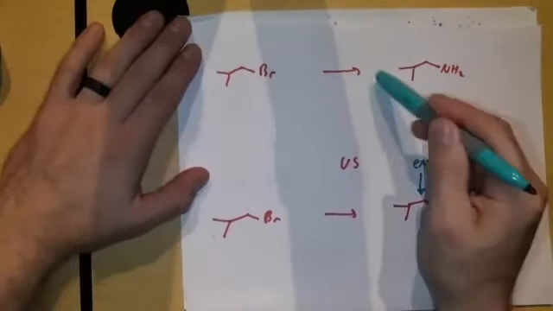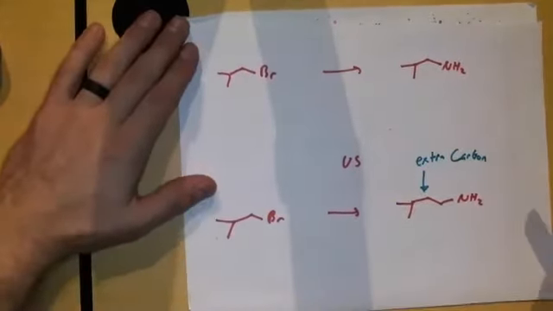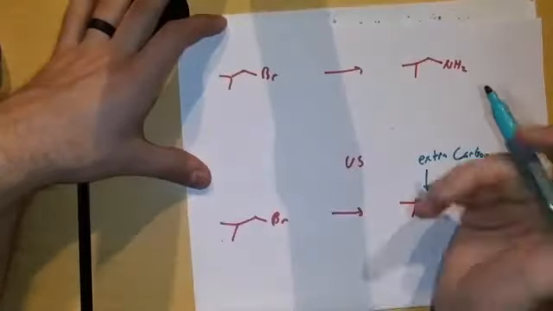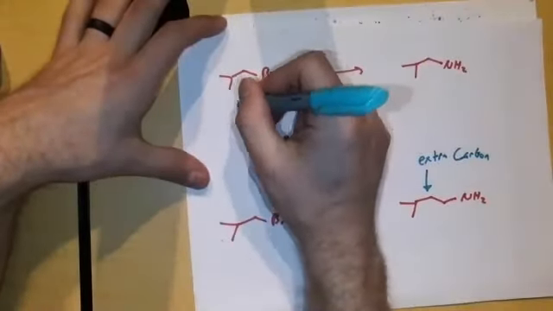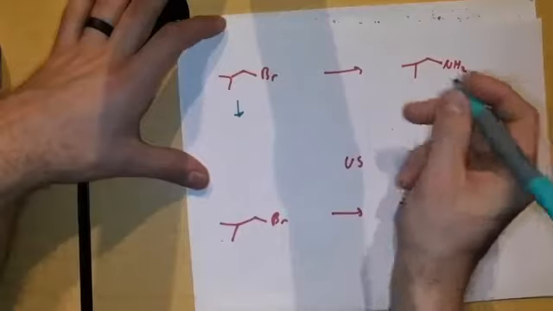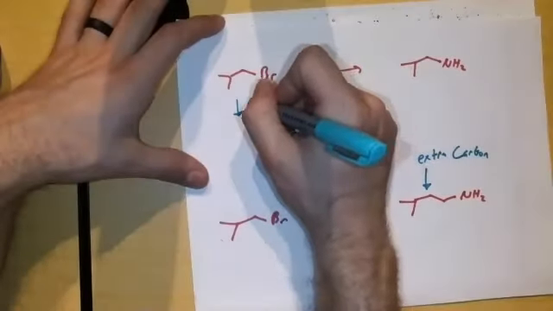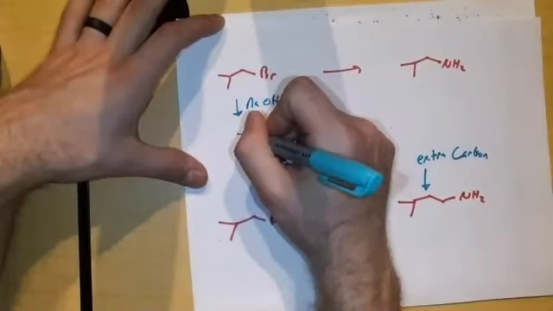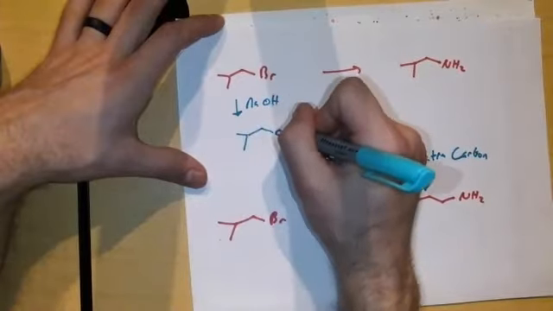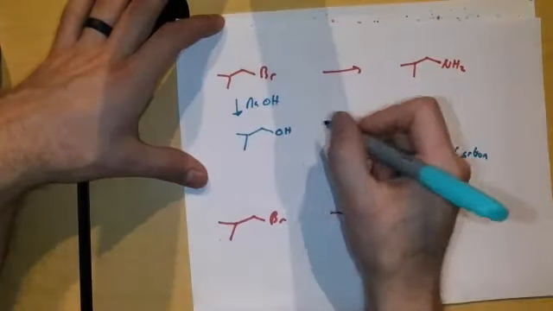For making an amine here, we want to start with either an amide or a nitrile. We're not adding any carbons, so we need to make a carboxylic acid on this position. If I take NaOH, I can make an alcohol.